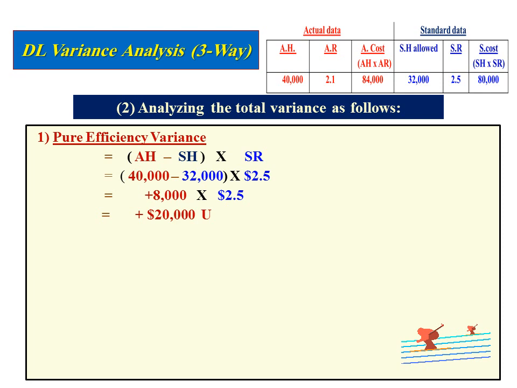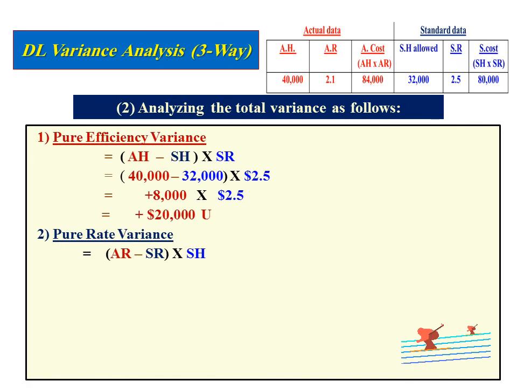What is the second? Rate. The rate variance is the difference between actual rate and standard rate times standard hours.